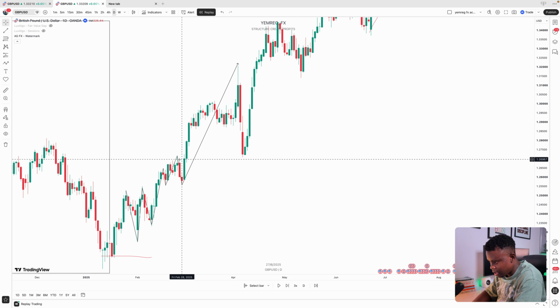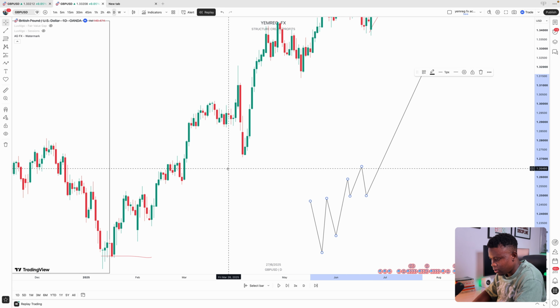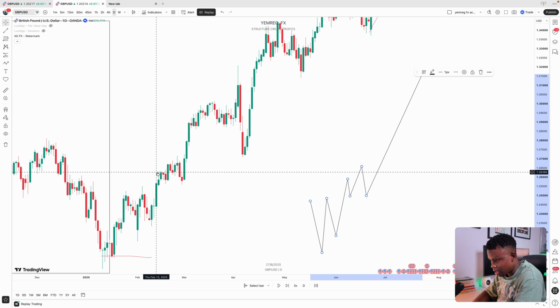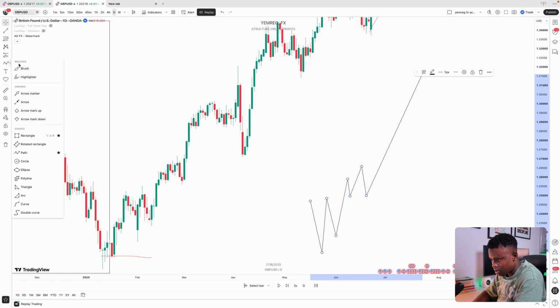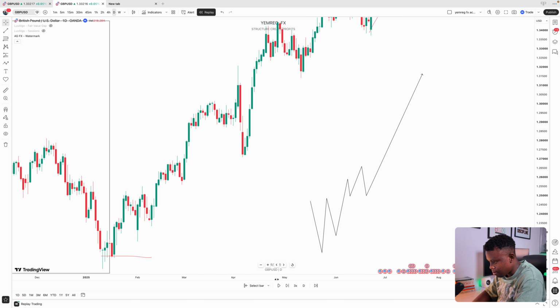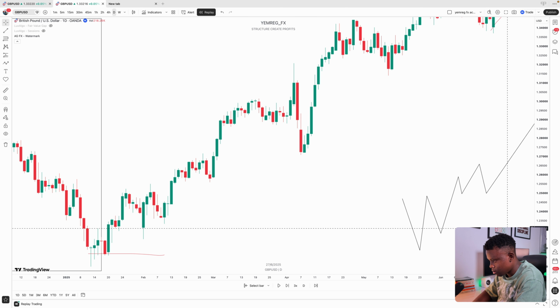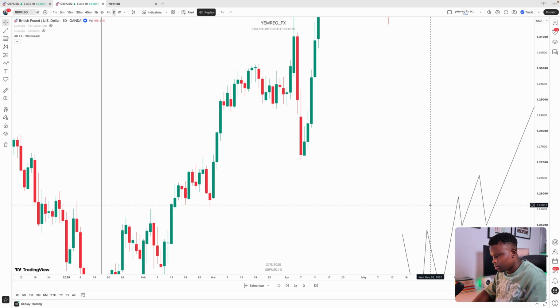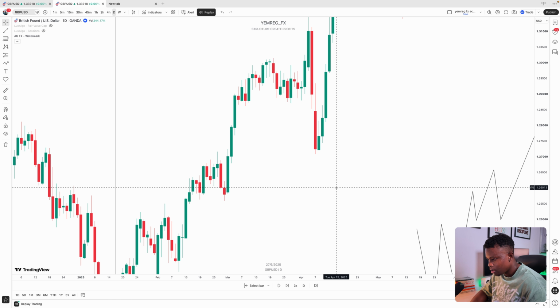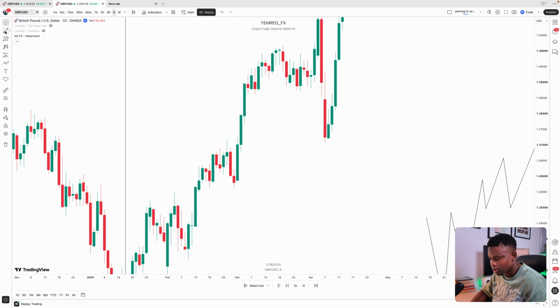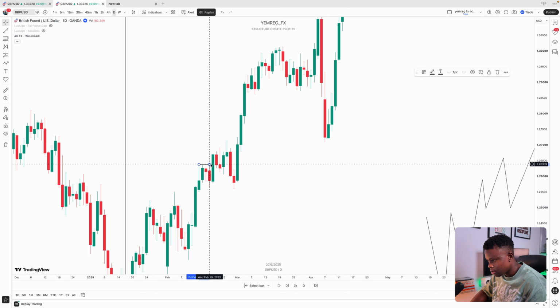Now, let me take this out of the way. If we take a closer look at this side of the chart, there's a break of structure coming. Let me zoom into that part of the chart. So there's a break of structure that happens there, and another break of structure happens here.